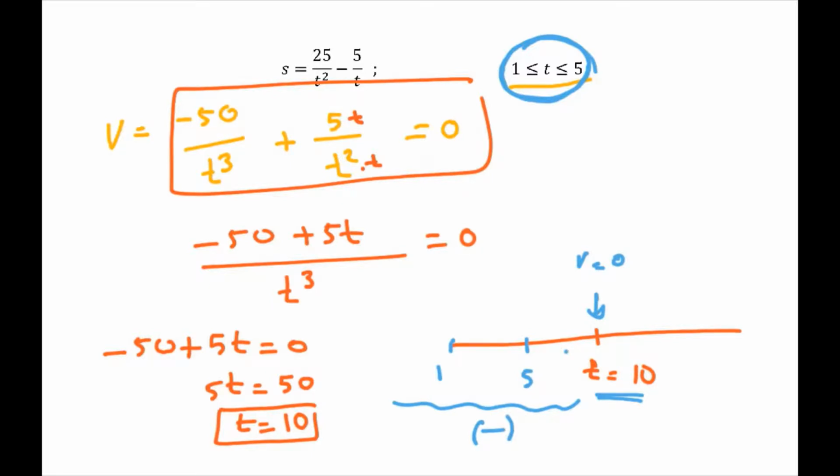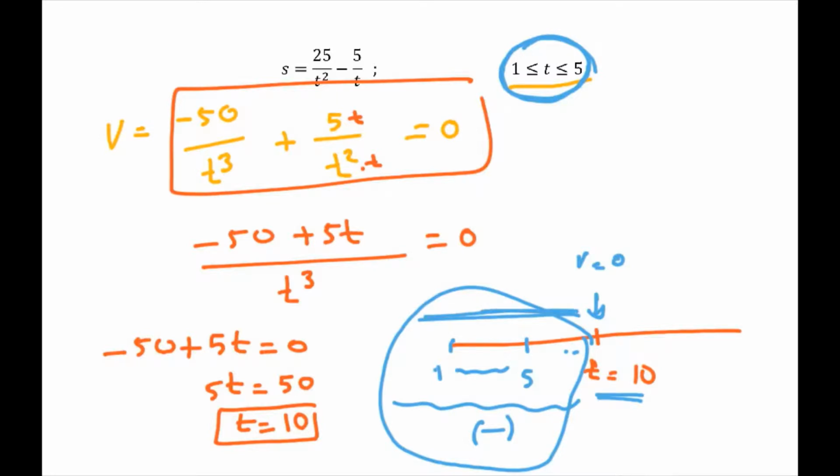So within the interval here, anything less than 10 was negative. So did the body change its direction between 1 and 5? No, because between 1 and 5, everything here was negative. And since 1 and 5 are in this interval, it's also negative. So we can say that the body did not change its direction.